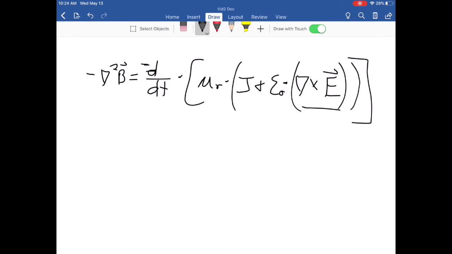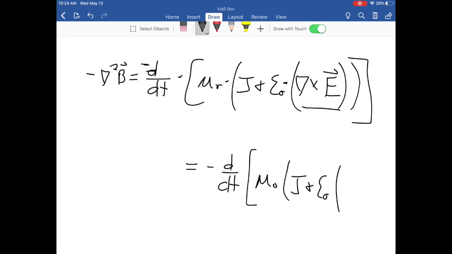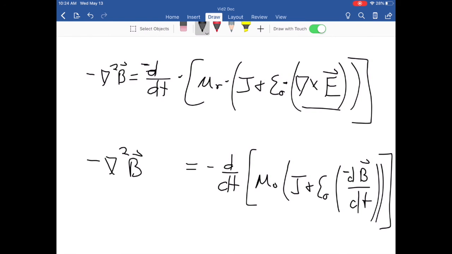And that's going to then become, on the right-hand side, the negative derivative with respect to time times the quantity of mu naught times the quantity of J plus epsilon naught times the quantity of the derivative, and more specifically the negative derivative, of the magnetic field with respect to time. I'm closing all our brackets and then filling in the left-hand side of the equation. This is now our form of the equation we're using.